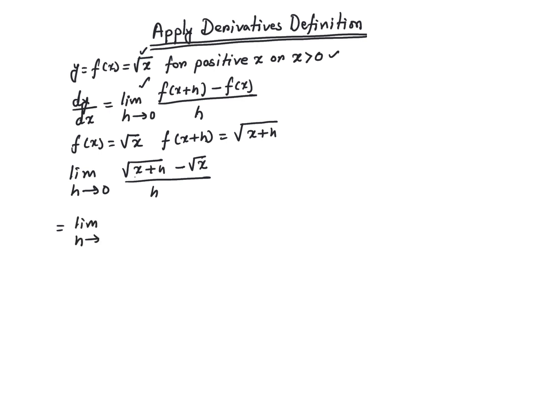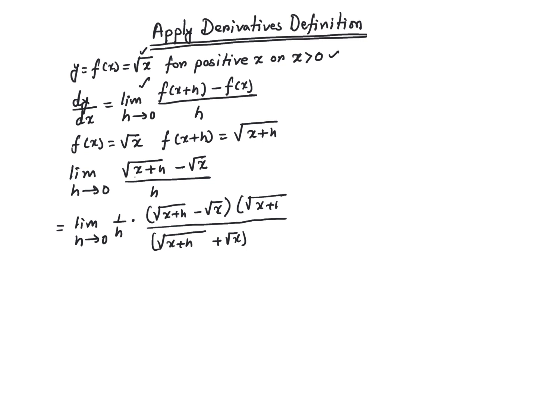Limit h approaches 0, this is going to be 1 over h times. Now look, what I'm going to do is take this square root of x plus h minus square root of x, and divide it by square root of x plus h plus square root of x, and multiply it by square root of x plus h plus square root of x.